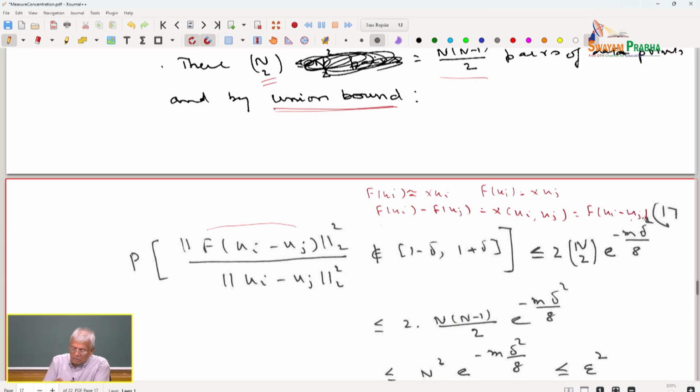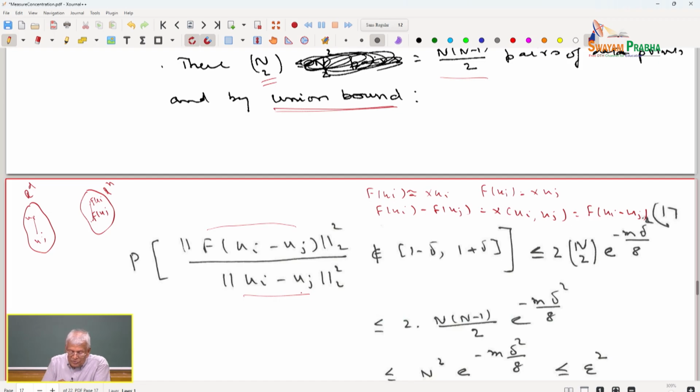And that is what is in here. So, this is the square of the distance between the images. Please go back to the picture. This is RD, this is RN, this is UI, this is UJ, this is F of UI, this is F of UJ. I am talking about the distance between the two. So, the square of the distance in the receiving space is the square of the distance in the original space, that ratio.